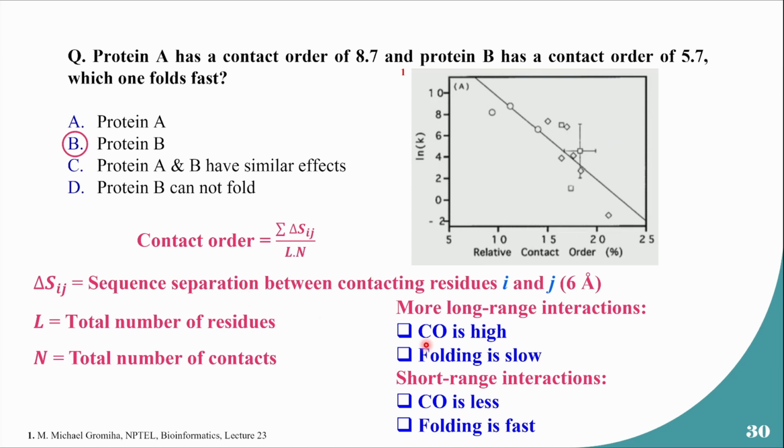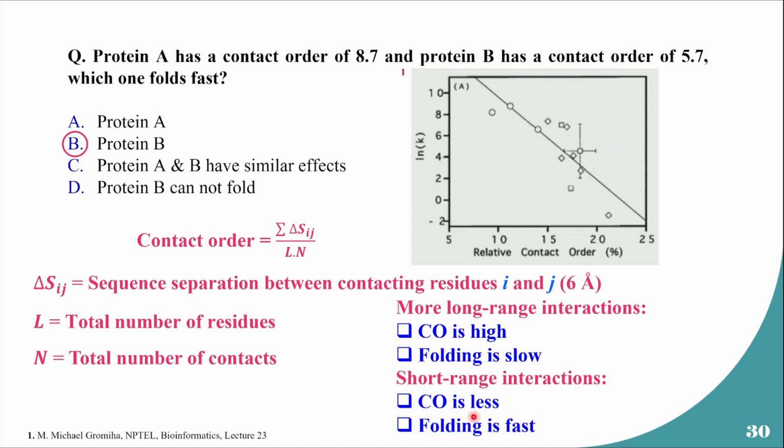So if there is a high sequence separation, ergo in the case of long range interactions, that will give you a higher value, right? So that is why the contact order will be high, and corresponding to that high contact order, the folding will be slow. In case of short range interactions, of course, that means the sequence separation will be much lower, right?